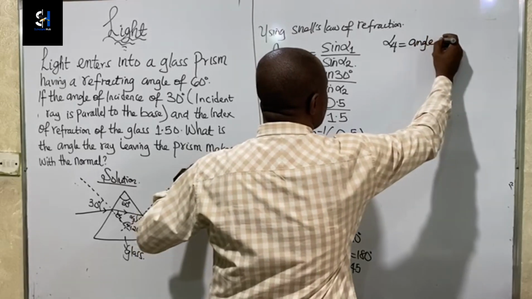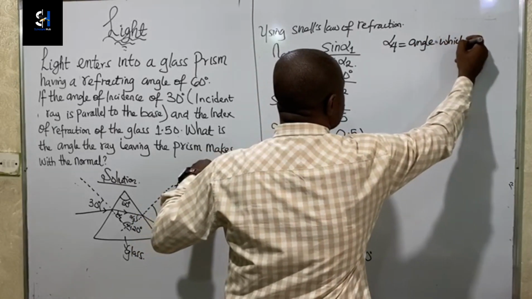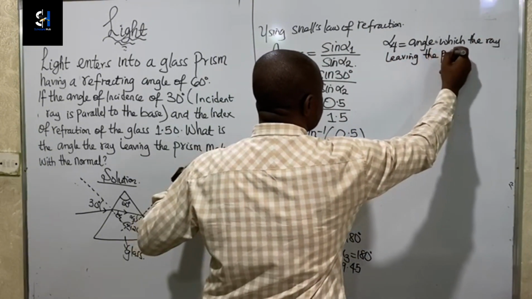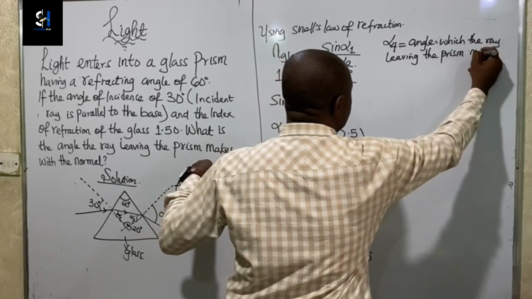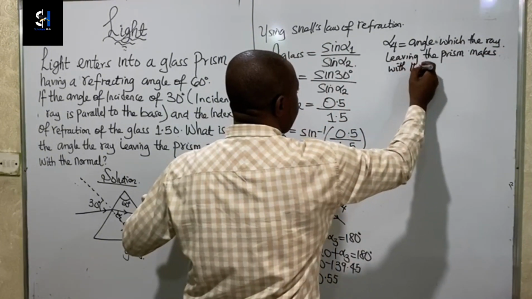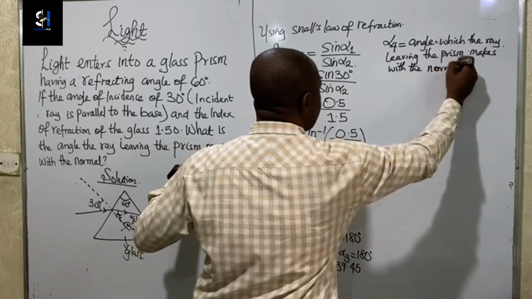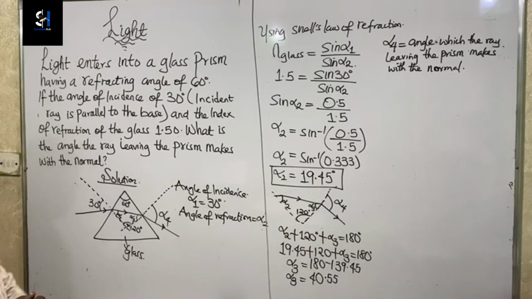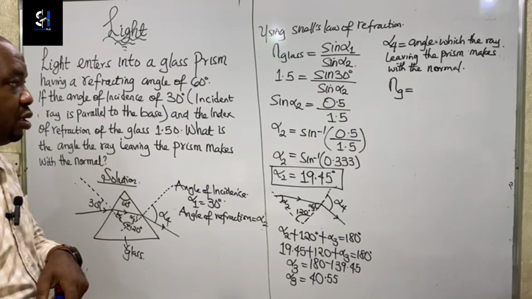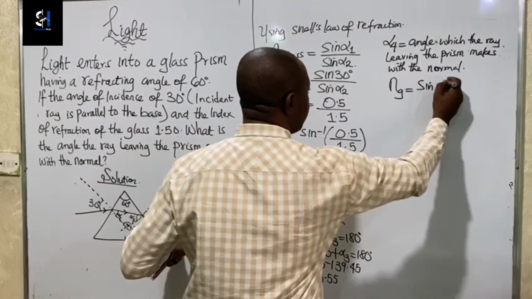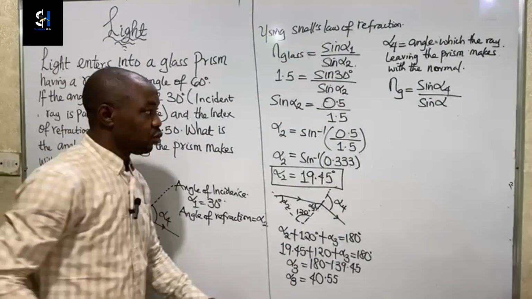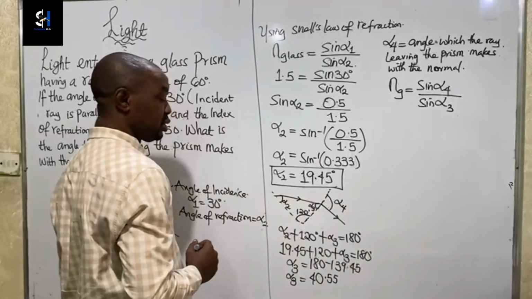Since we have an emergent ray, the refractive index will now be the sine of the unknown angle divided by the sine of this angle, which is 40.55.